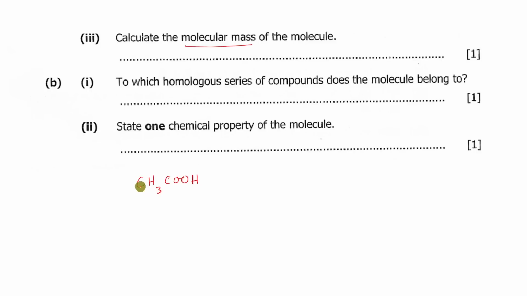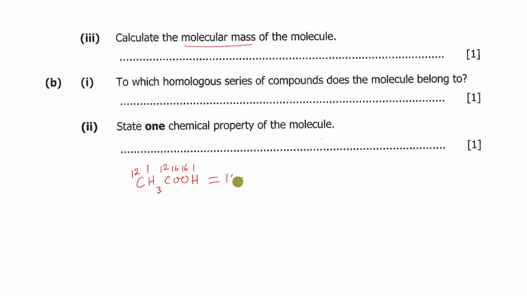So you have carbon, which is 12, hydrogen 1, this carbon 12, these oxygen each 16, then this one 1. You get from periodic table. So you start totaling them.